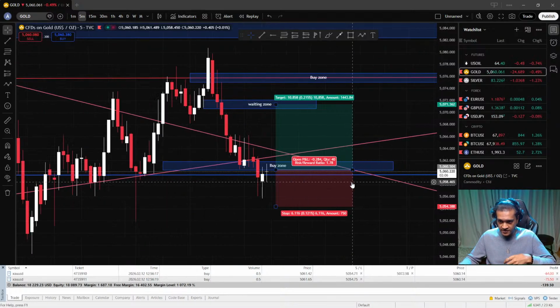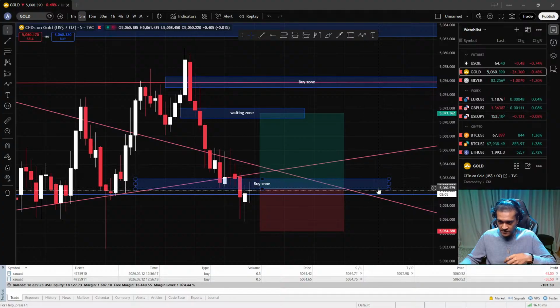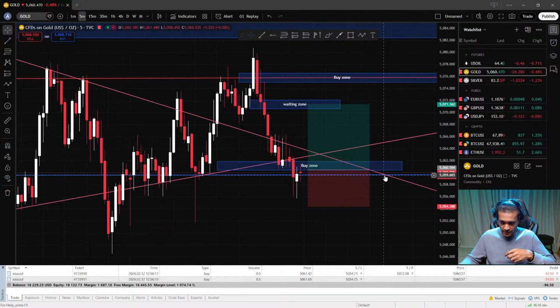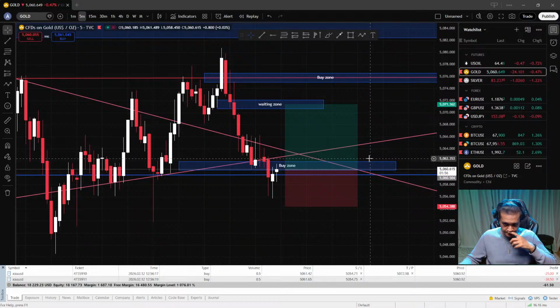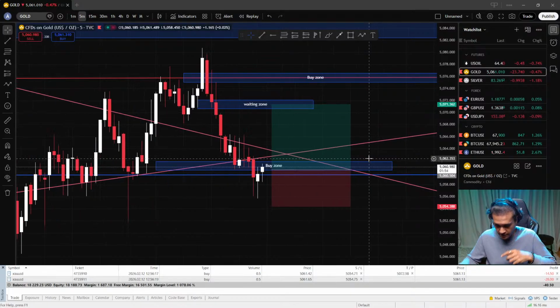The entry price is basically between 60 to 61. Sorry, 60 to 62. As you can see on our chart.